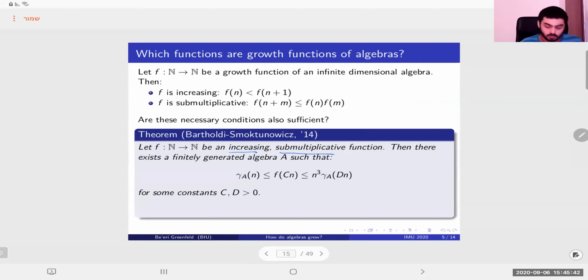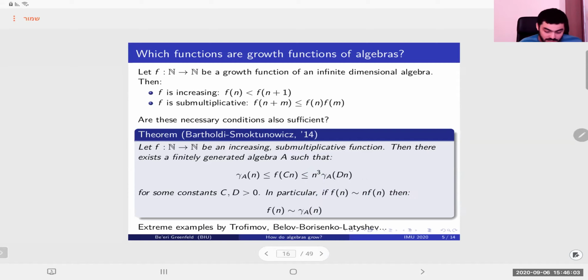What does it mean, almost? You have a polynomial error factor. Up to this error factor, your desired function, as long as it is indeed increasing and submultiplicative, is equivalent to the growth function of some finitely generated algebra.